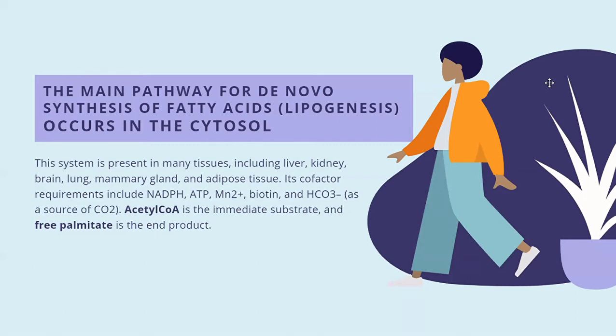So we look at now the main pathway. As we said, acetyl-CoA is our precursor, and we require NADPH, ATP, a little amount of manganese, biotin, and bicarbonate as a source of CO2, carbon dioxide.